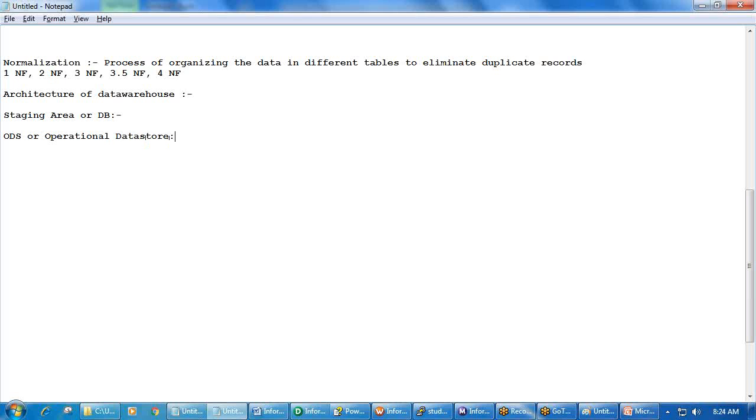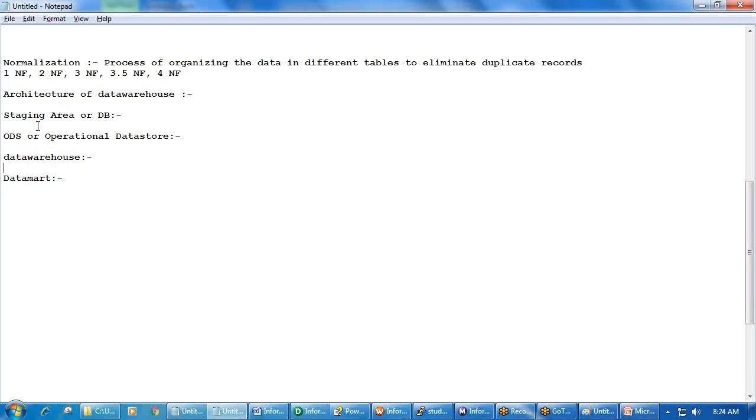The next one is called a data warehouse, and another component that you have in the data warehouse is a data mart. So these are all the different components of a data warehouse. We'll understand what is the use of each and everything.